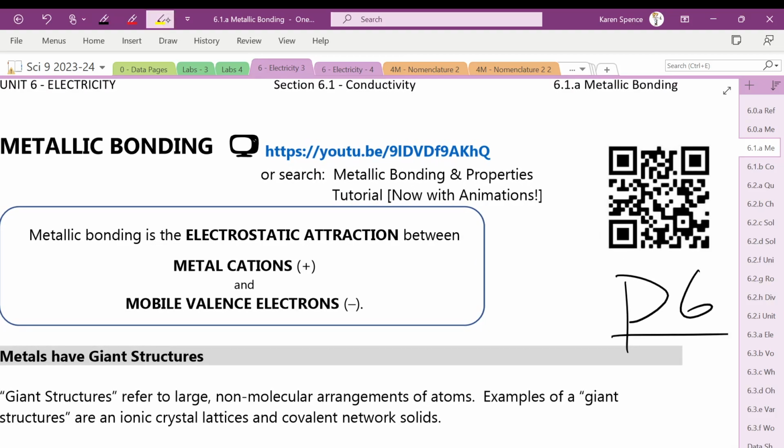Okay, so metallic bonding. Metallic bonding is the electrostatic attraction. If you don't remember what electrostatic attraction is, that is the attraction between positive and negative.